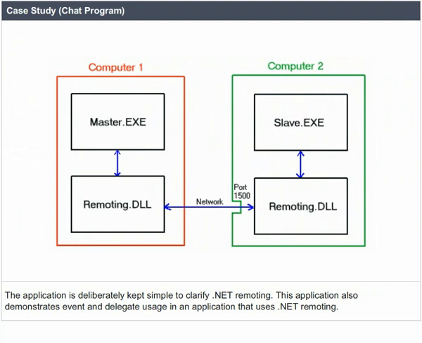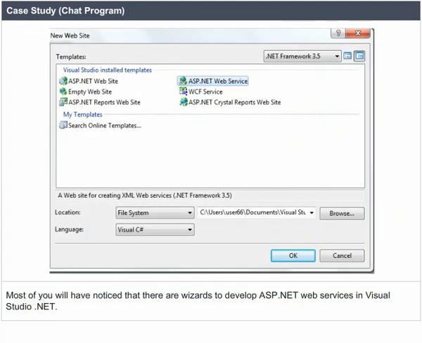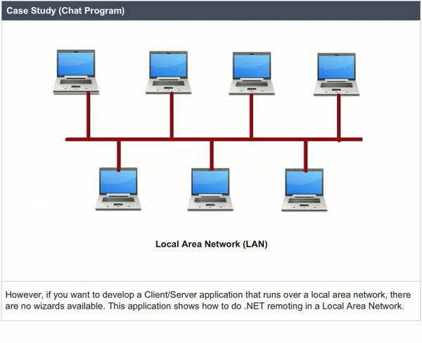Most of you will have noticed that there are wizards to develop ASP.NET Web Services in Visual Studio .NET. However, if you want to develop a client-server application that runs over a local area network, there are no wizards available. This application shows how to do .NET remoting in a local area network.